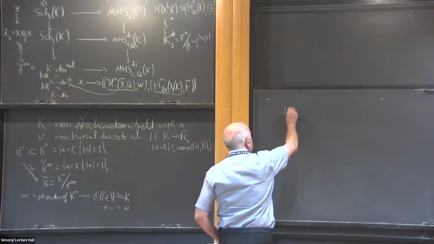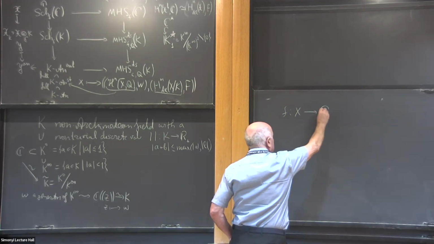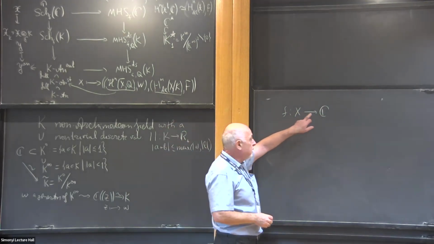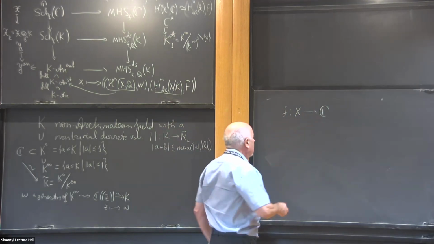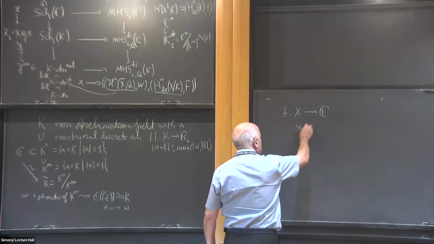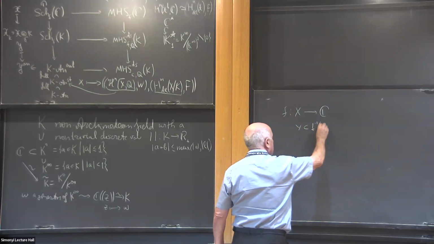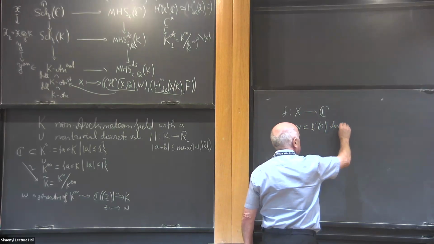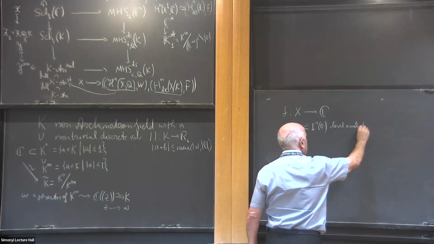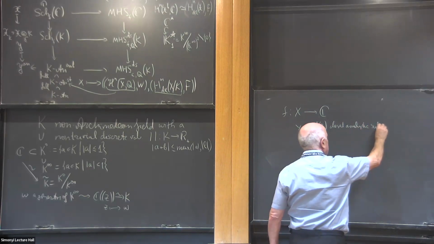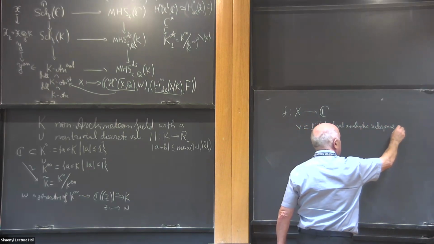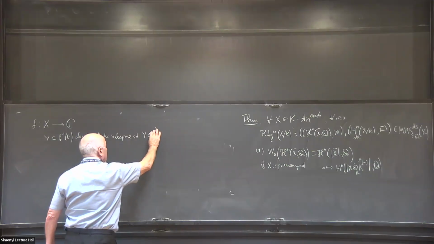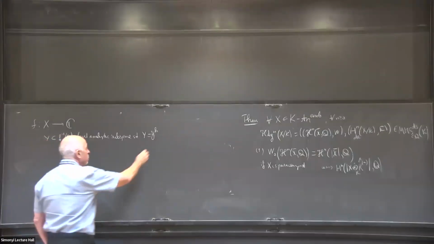And so if you have a complex analytic map from a complex analytic space to C, and we are given a closed analytic subspace Y which is the complex analytification of a proper scheme.